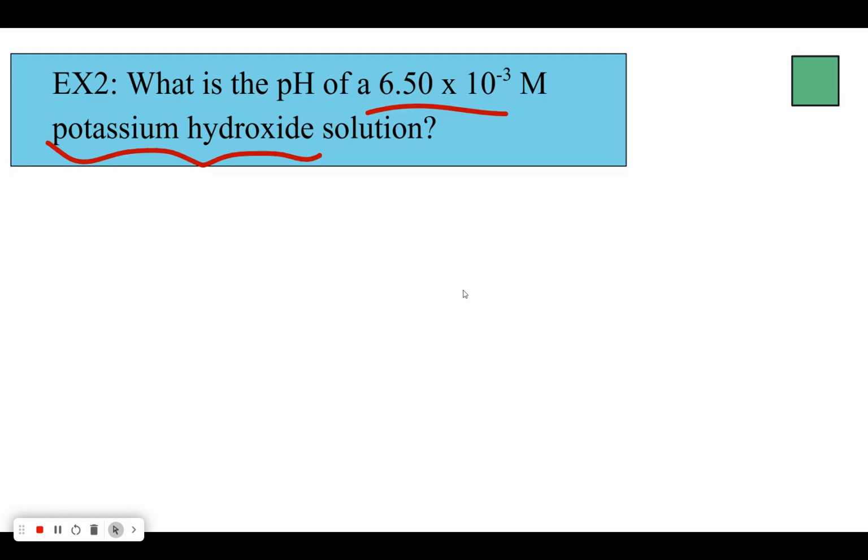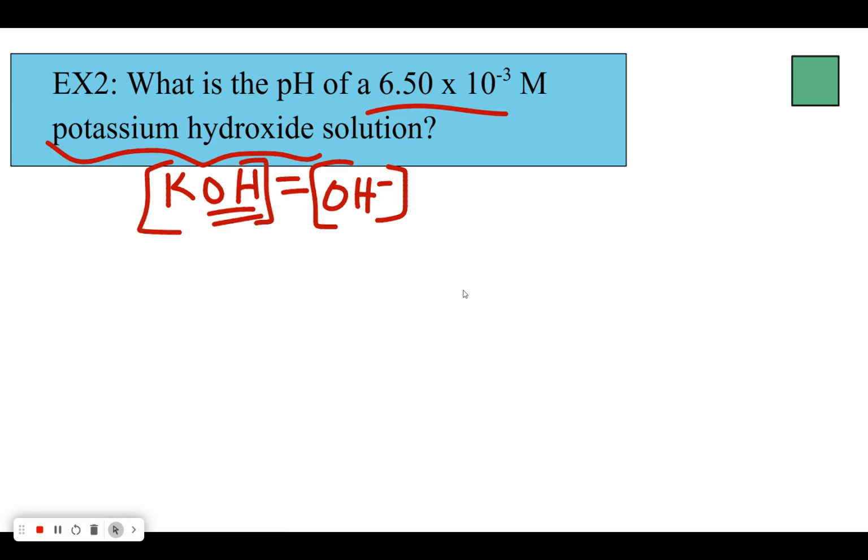So this is one of those times, like I told you, nomenclature isn't going to be directly tested on the test. But there could be times when, through context clues, like that name, that nomenclature, you can figure out a little more information. Just knowing potassium hydroxide is going to be KOH, which is a strong base, which is going to break off and form an equal concentration of OH ions as the amount of KOH that is put in there originally.